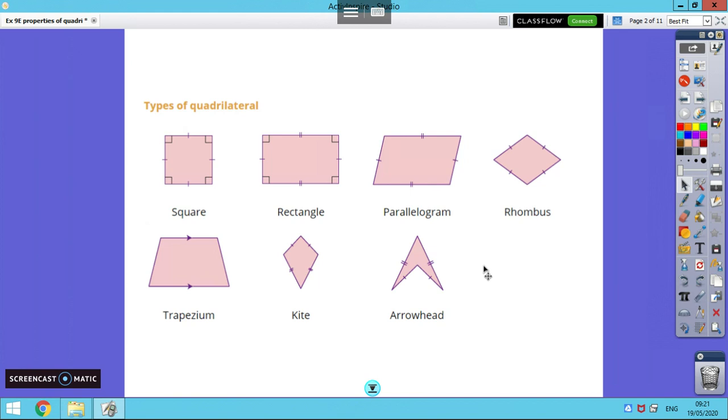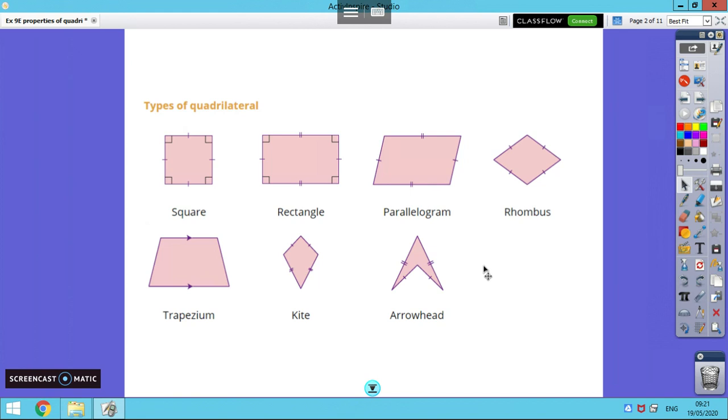I want you to think about why that is. Why might that be? Same for the parallelogram. The left-hand side and the right-hand side have 1 dash and the top and bottom have 2 dashes. Then we look at the rhombus again and all of the sides have 1 dash. And I'll tell you that all the sides of a rhombus are the same length.